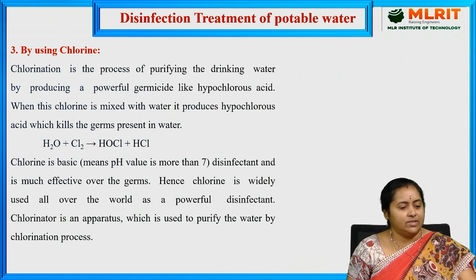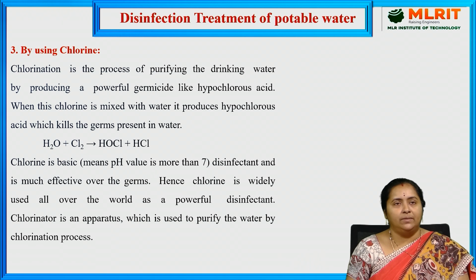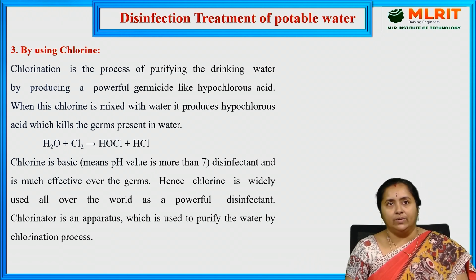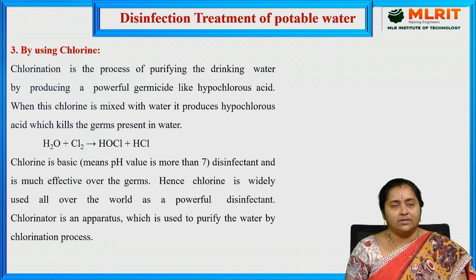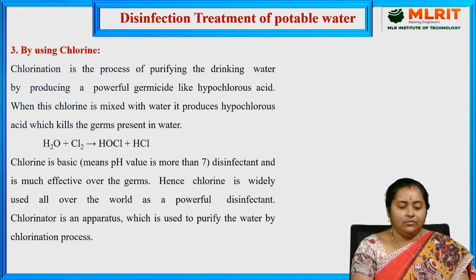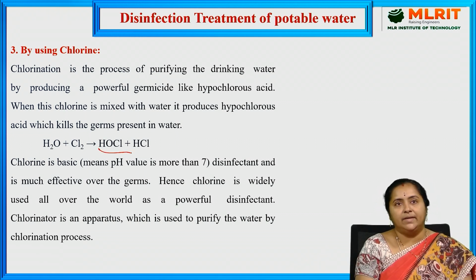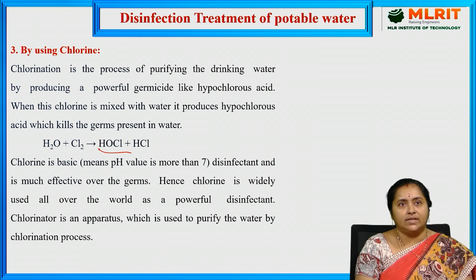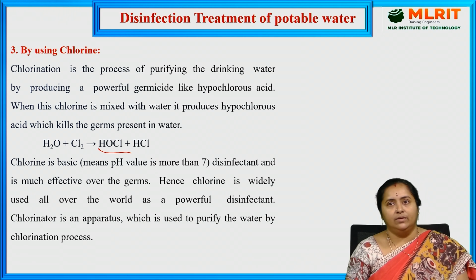The most preferable and best suitable method is chlorination, that is simply adding chlorine. Chlorine can be added to the water sample either in its gaseous form or liquid form. Gaseous chlorine, that means chlorine gas, is allowed to pass into the water sample so that hypochlorous acid is formed, and we know that hypochlorous acid is a very good germicide, so it is able to kill the microorganisms present in the water sample.